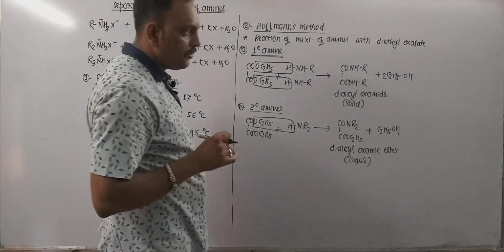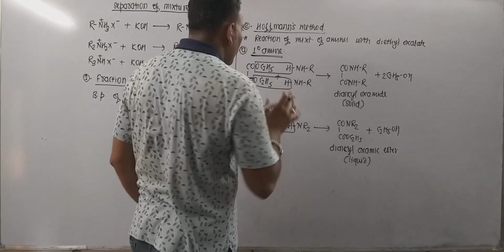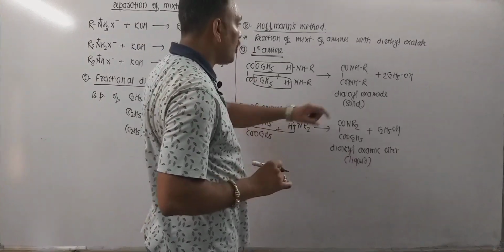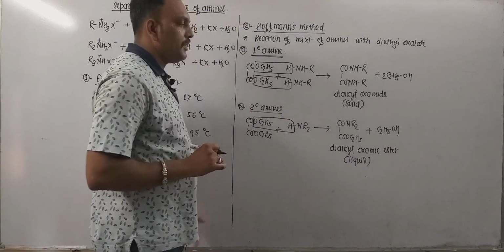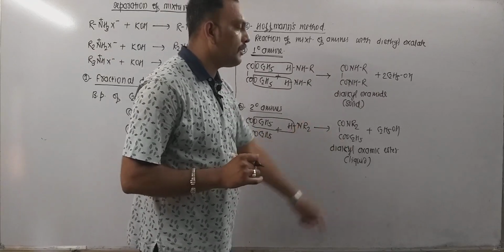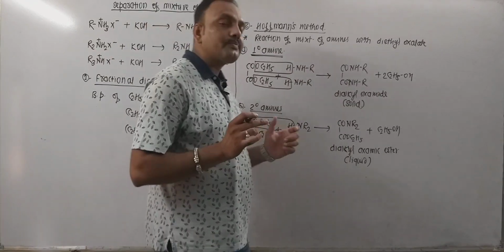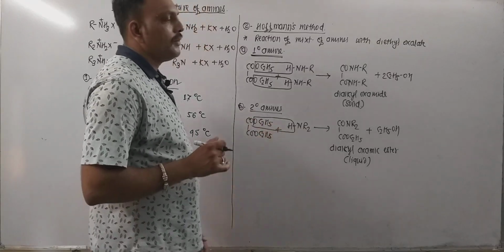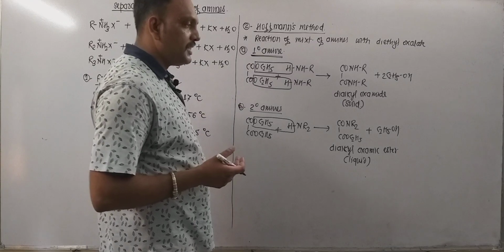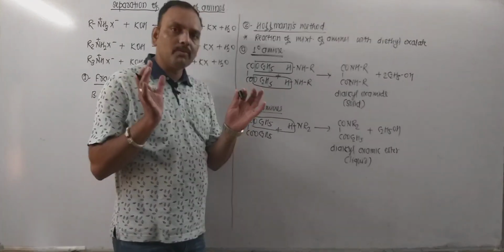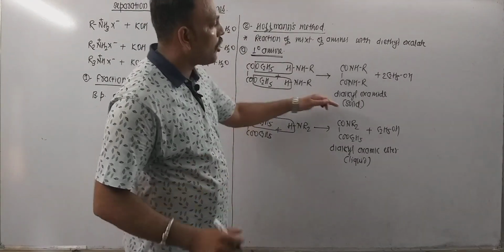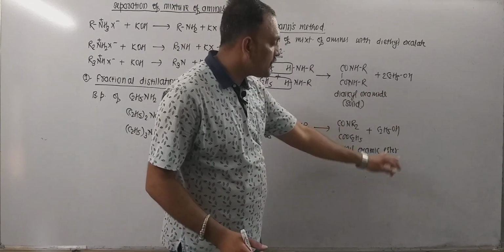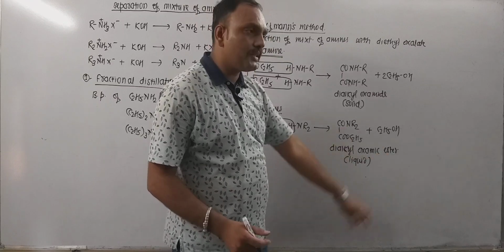Now what do we need to do? Remember, primary amines react with diethyl oxalate producing solid dialkyl oxamide, whereas secondary amine gives liquid dialkyl oxamic ester. So the solid dialkyl oxamide can easily be separated from that mixture. Now we have two ingredients: one is the solid dialkyl oxamide, and the other is dialkyl oxamic ester, which is liquid, along with tertiary amine.